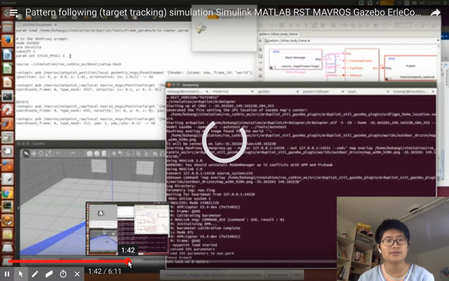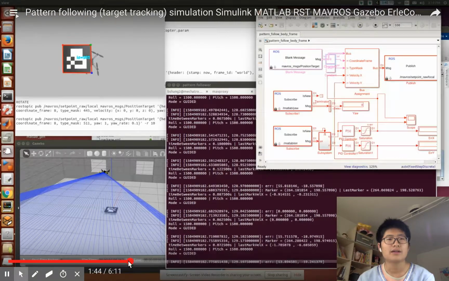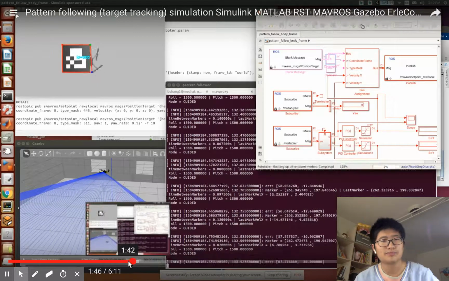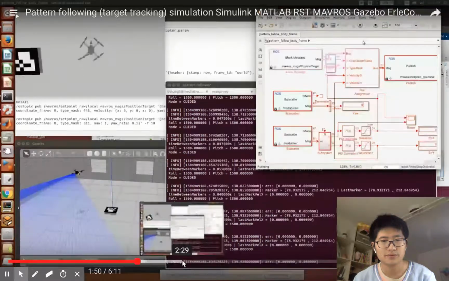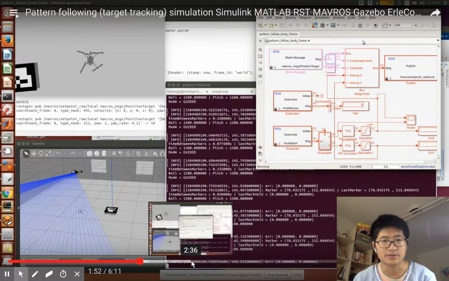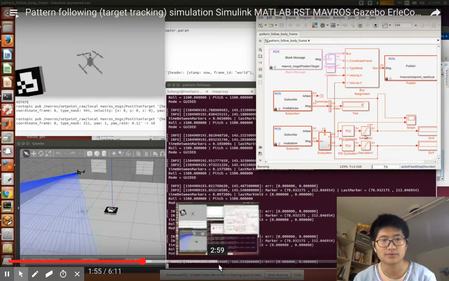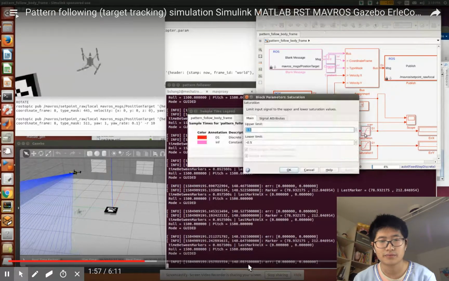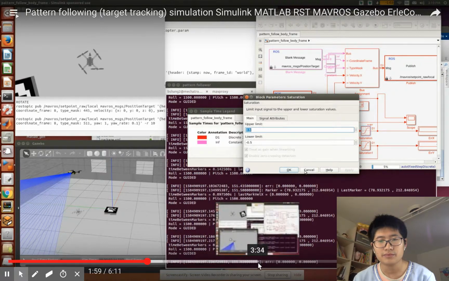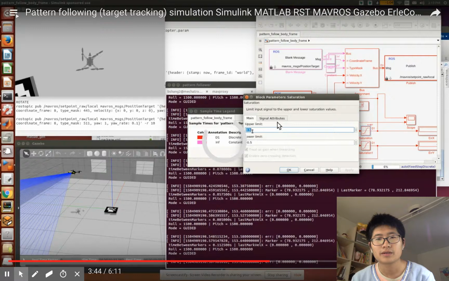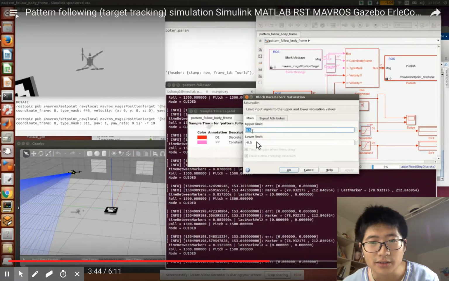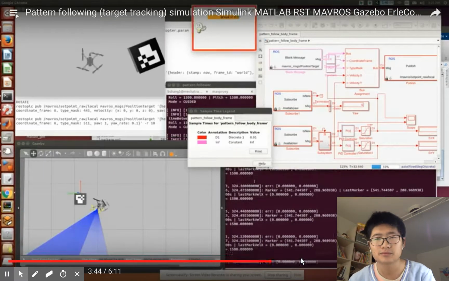You can see here, the target can be detected by the image processing technique. And then if we keep going forward, we have set the upper limit and the lower limit.